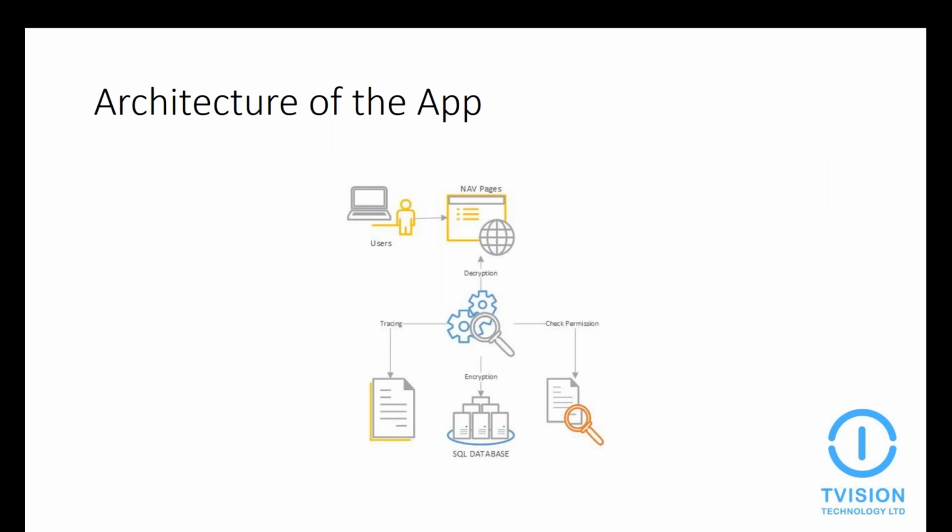This is basically the architecture of our app. As you can see, we restrict all the personal data to the personal data page, and the encryption is made on the fly after the request of the user. So all the checking and tracing goes through this page, and the encryption is made on the fly.